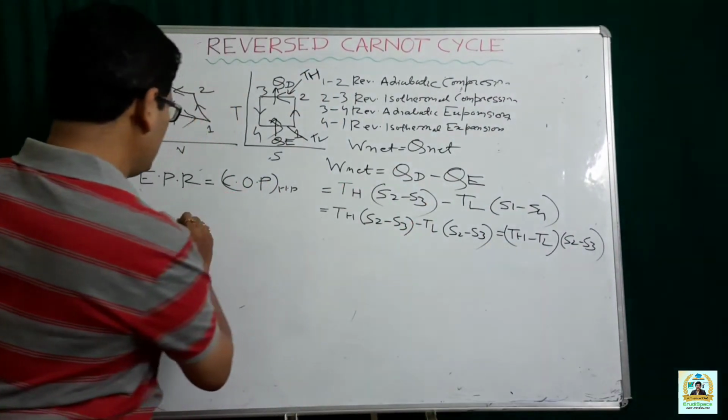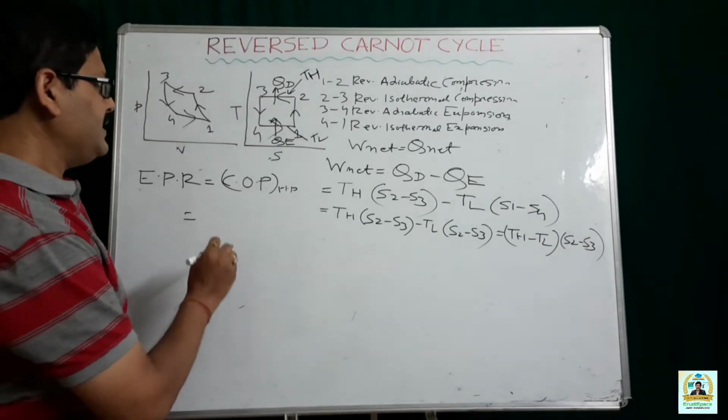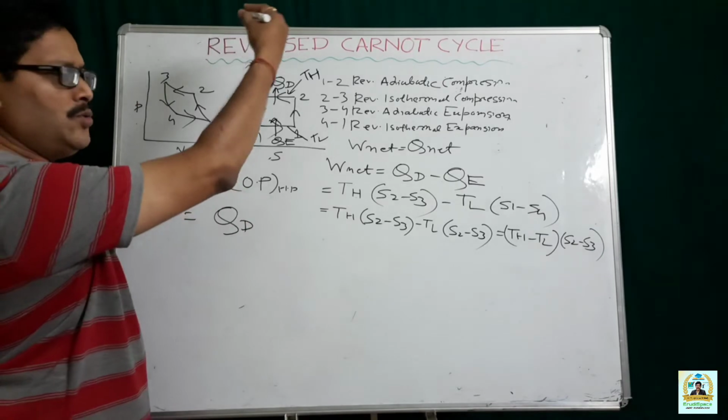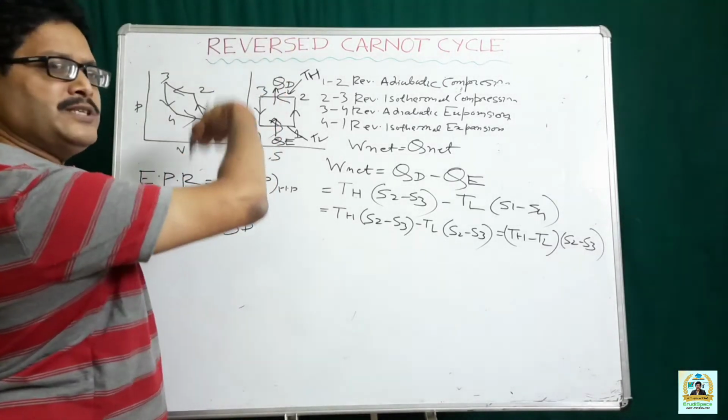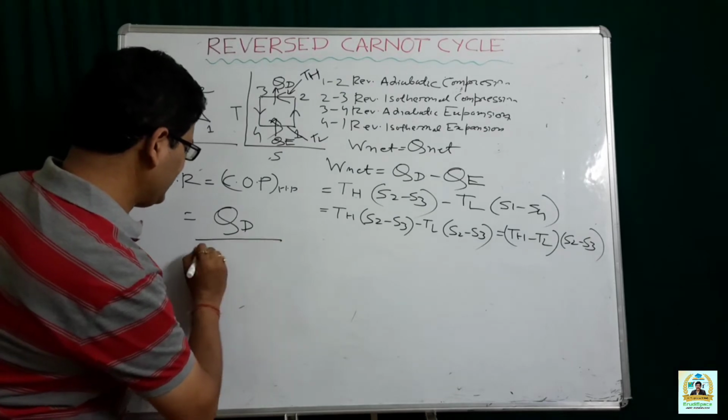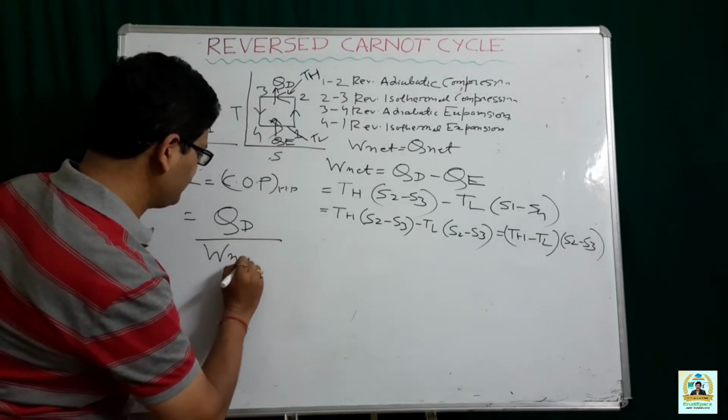So here, what is the desired effect? Desired effect is delivery of QD amount of heat to the body, which is to be maintained at high temperature, divided by W net.